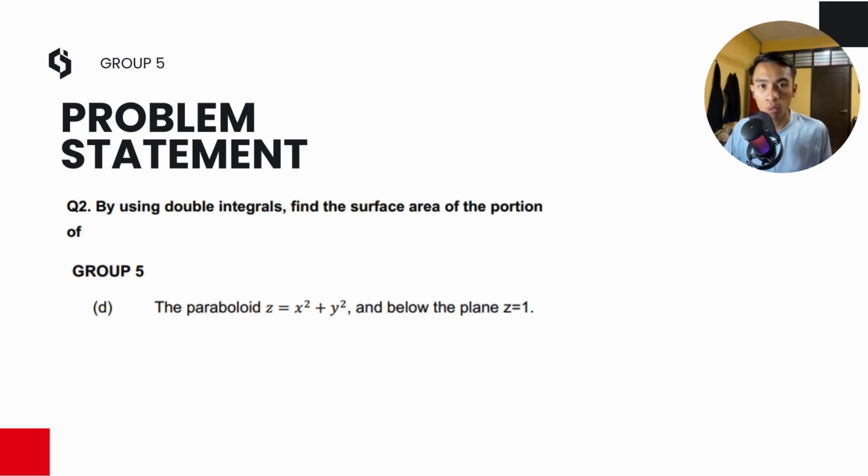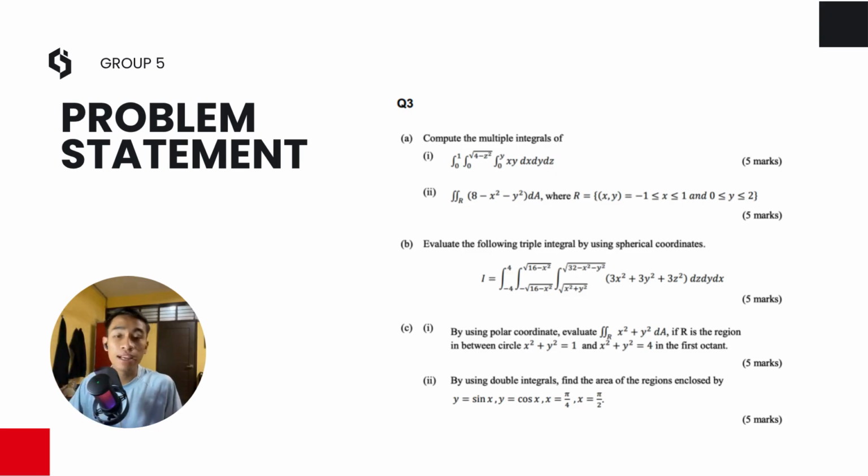Going to the final question, Q3: compute the multiple integrals of the set equation, for both 1 and 2. Then on B, evaluate the following triple integral by using spherical coordinates. This is the question.